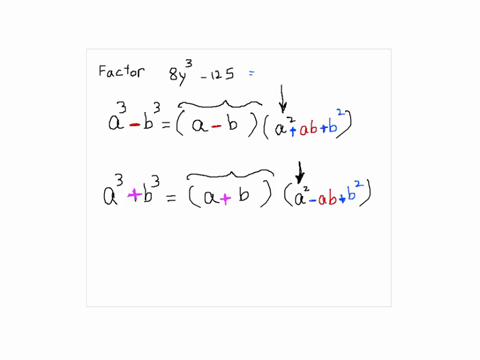So in this case, we have a difference of cubes. The question is, do I have two terms that are cubes like that? If we have that, what would be the first term here? Eric, can you tell me what goes inside this parenthesis? What would be your a?